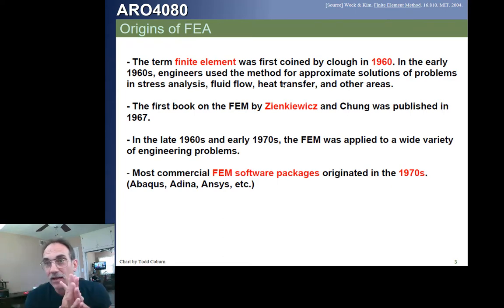So the term finite element was coined in the 60s, and there are various books on the subject. This became popular by the end of the 60s to early 70s. Finite elements was becoming a key way to analyze large indeterminate structures like aircraft and other flight vehicles. Back then the computers weren't very strong.